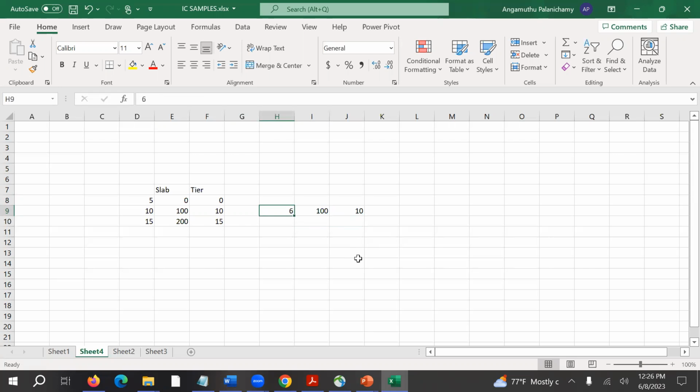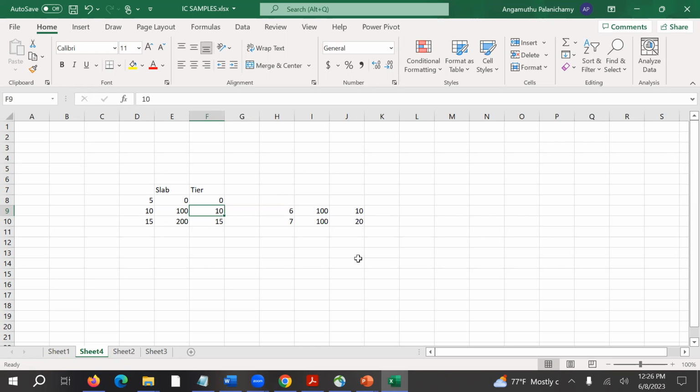Because what I'm saying is, if the customer is exceeding 5, then up to 10, I'm charging 100 rupees. Suppose the customer is doing 7 transactions. Here he is still charged 100, but here I'm charging 20, because for each transaction I will charge 10. You are getting it right?